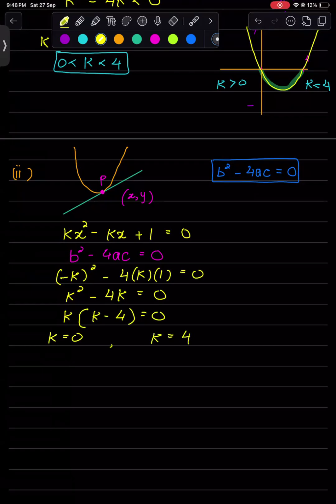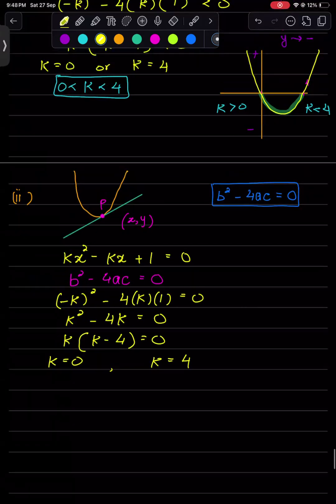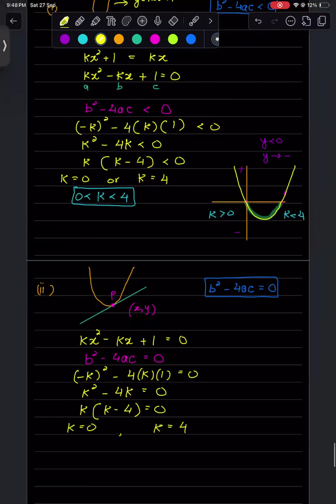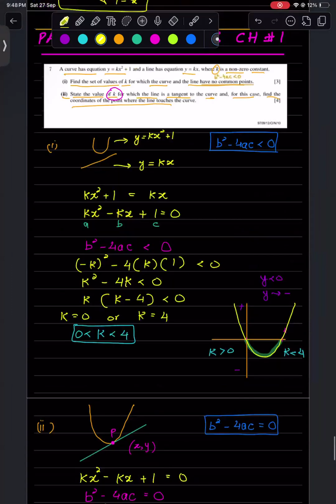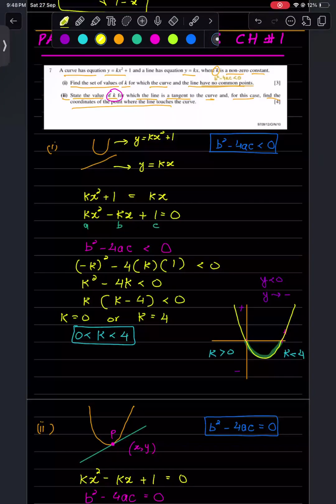Tell me, Raza, can we consider k equals 0? See the equations. If you consider k equals 0, this equation would only be y equals 1, and the other would be y equals x.